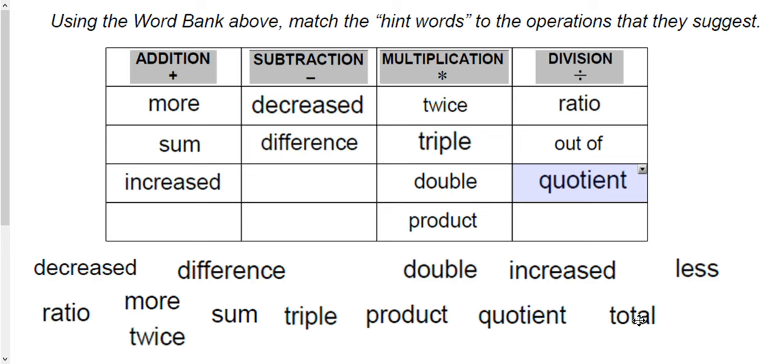Total is a weird one, but we'll consider a total meaning addition. Totals could actually have subtraction in them, but for right now, if you're going to total something up, you're going to add it up. And less. If I take 5 less than my age, I'll be 50 again.